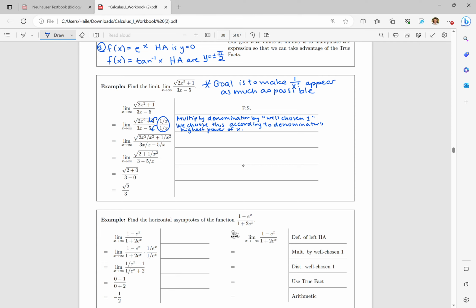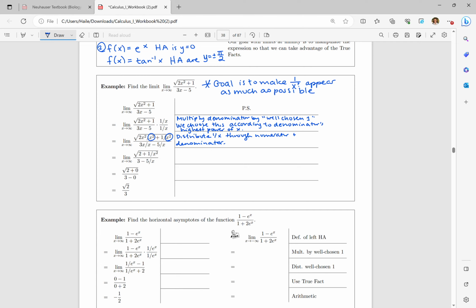Okay, now our next step is to actually multiply that 1 over x through the square root and through the denominator. So we need to distribute. Now that can be kind of tricky when you're distributing into the square root, so let's summarize this step and then we'll talk about it. So we distribute 1 over x through the numerator and denominator. Okay, and so you might notice that under the square root, that 1 over x has turned into an x squared.